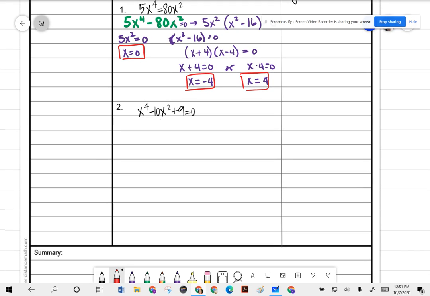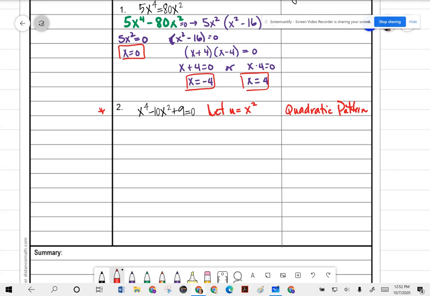Now let's take a look at number 2. So we notice that we're supposed to factor because it's in that factoring set of notes, but it looks a little weird because it follows x to the fourth and then x squared. So this is very, very common. This is what we refer to as a quadratic pattern. So when you see these, you're going to try and use U substitution. So we're going to let U equal x squared.